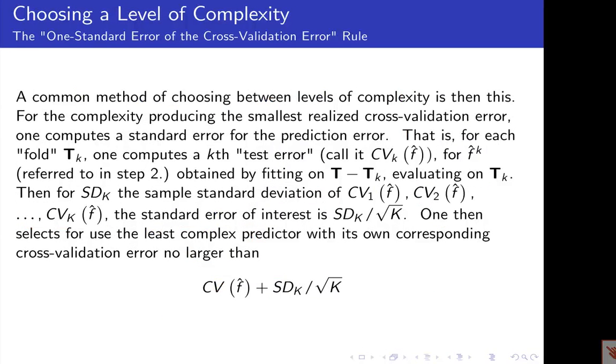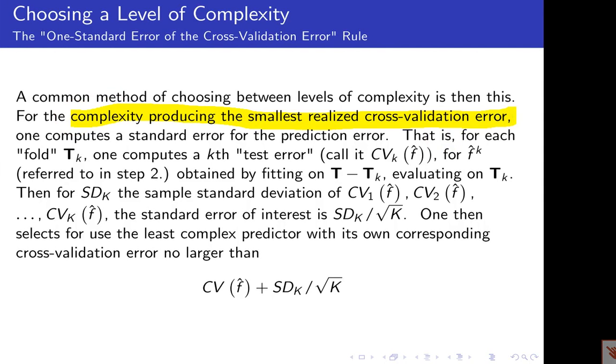A common method then of choosing between levels of complexity is to do k-fold cross-validation, find the complexity producing the smallest realized cross-validation error.